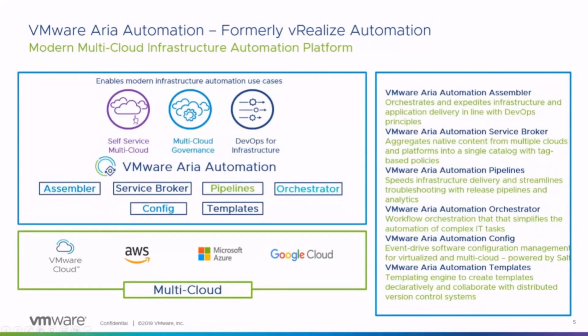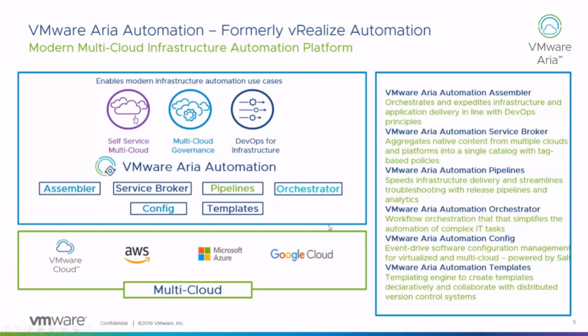On the automation side, and we've shown this slide over the Everything Aria Automation series, Aria Automation is a multi-cloud infrastructure automation platform and has a lot of services. It enables use cases around self-service, multi-cloud governance, and having all those done with DevOps in mind.